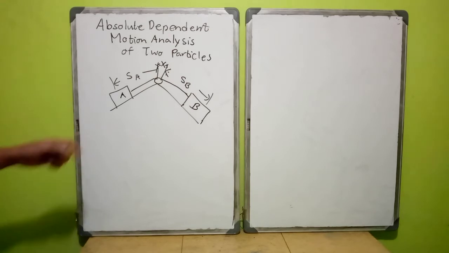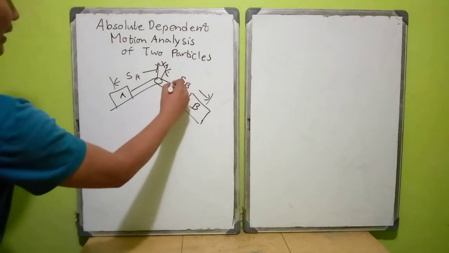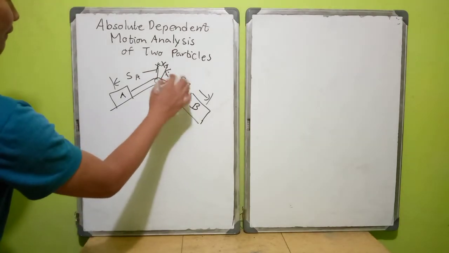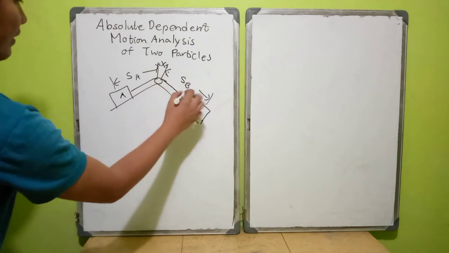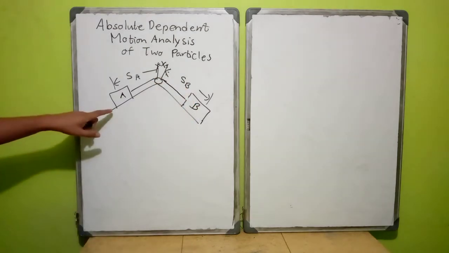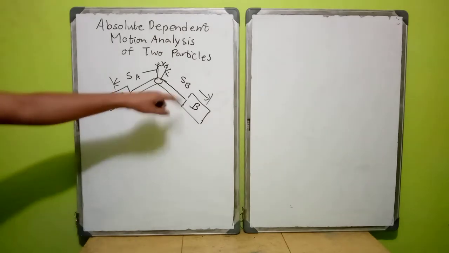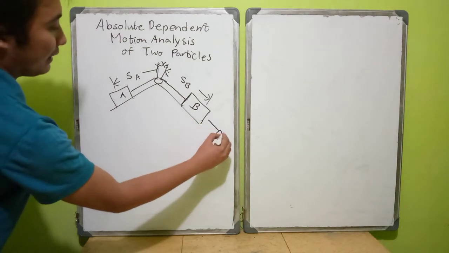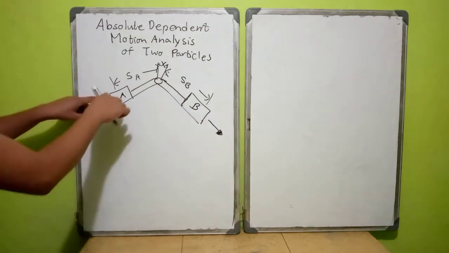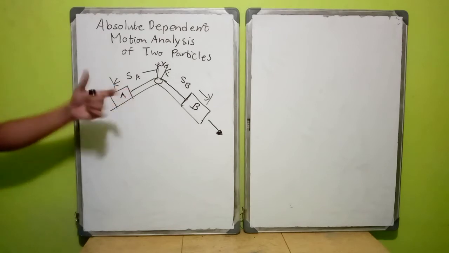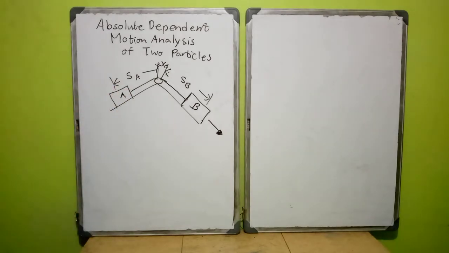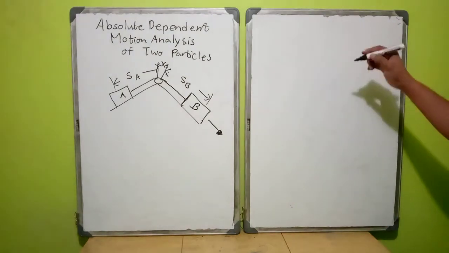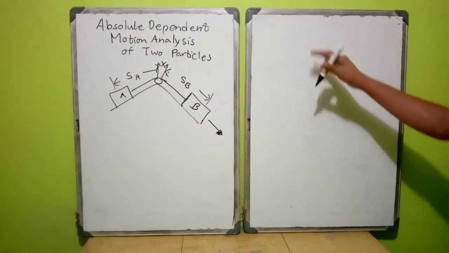For example, let us say one particle is named particle A and the other is named particle B. If B moves in that direction, A will also be in motion. Maybe we'll have another figurative example.